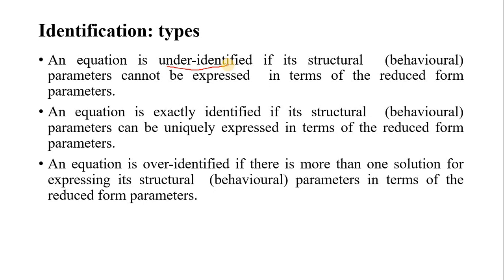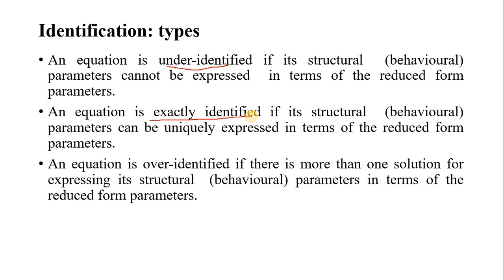An equation is exactly identified if its structural parameters can be uniquely expressed in terms of the reduced form parameters. Suppose there are four equations and four parameters, we can easily derive it and we will have a unique solution.